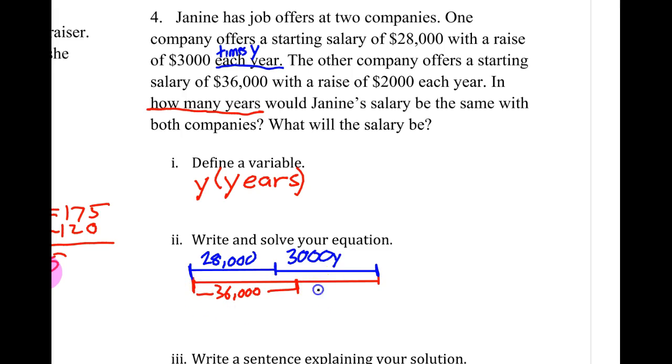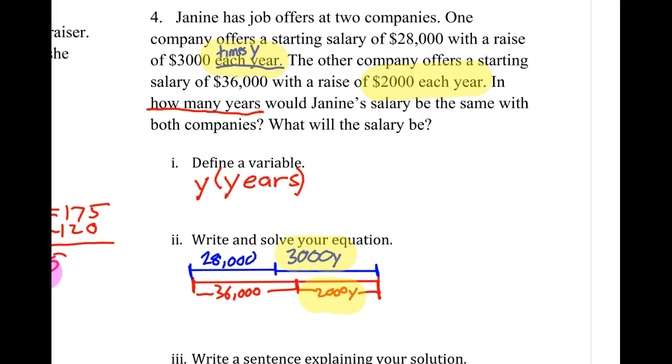But then the raises are only 2,000 per year, 2,000 Y. So the key piece of information you need here is that the 3,000 each year is the same as 3,000 times Y, and $2,000 each year is 2,000 Y. Because that's what changes, that's what moves, that's what goes up. This 28,000 doesn't change. That's just what you make. It's not like you get another 28,000 next year. It just goes up by a little bit each year.